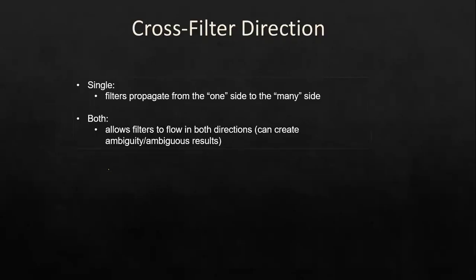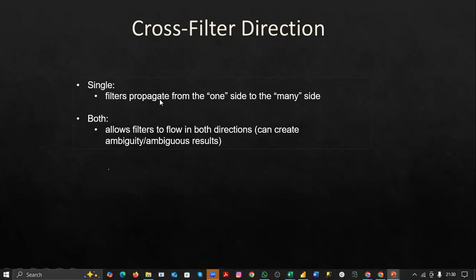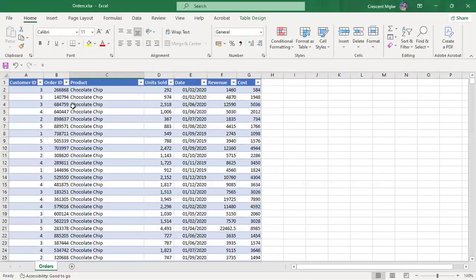All right. So let's also talk about cross-filter direction. This cross-filter direction, you will understand it only when we get to Power BI. It is just a way of these tables, those columns, connecting to each other. Most of the time it's going to be just single. It is called single. Filters propagate from the one side to many. So most times it is single, meaning the customer is just 1, and this is many.